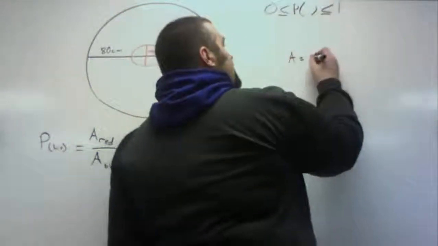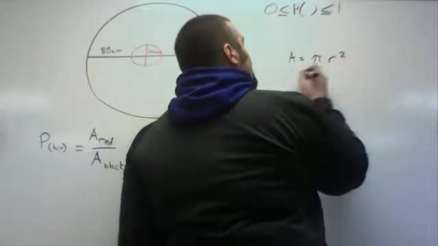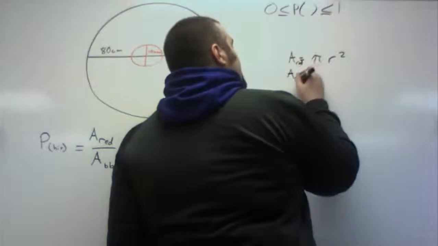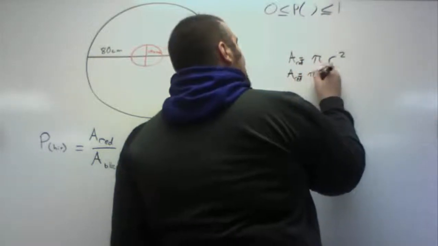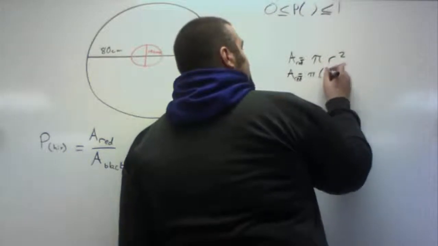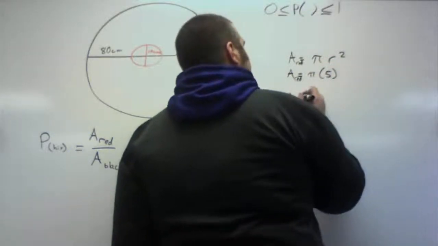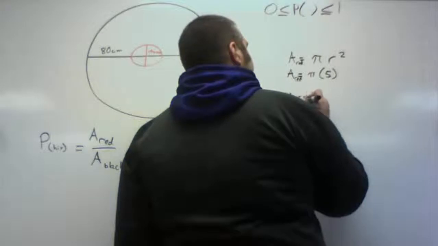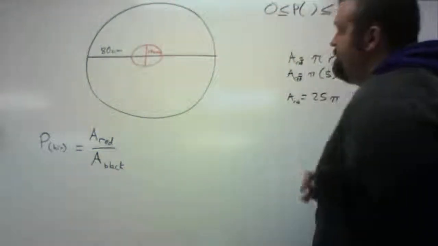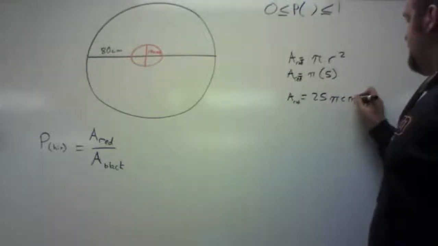So, to find the area of the red, I have to find the area of that circle. Pi r squared. Area of the red will be pi times, well, the radius is 10, sorry, the diameter is 10, so the radius is 5. So area equals, for the red, 25 pi centimeters squared.